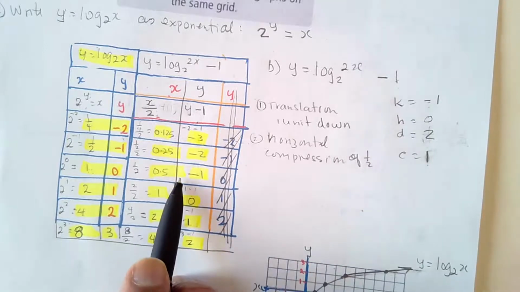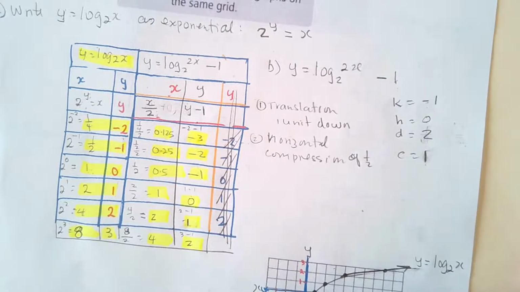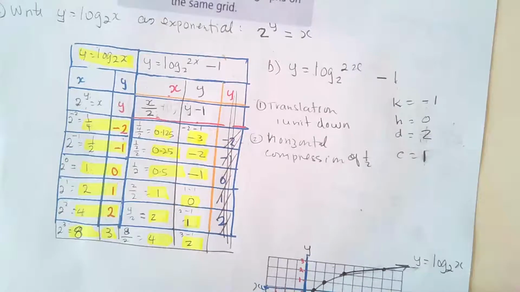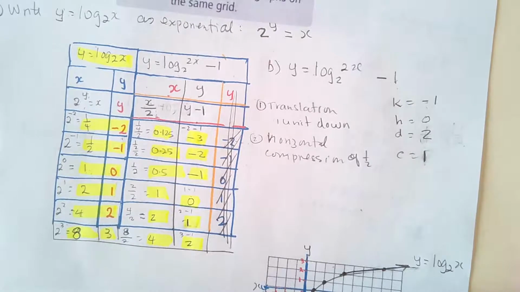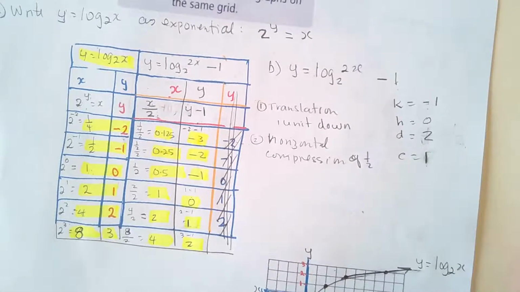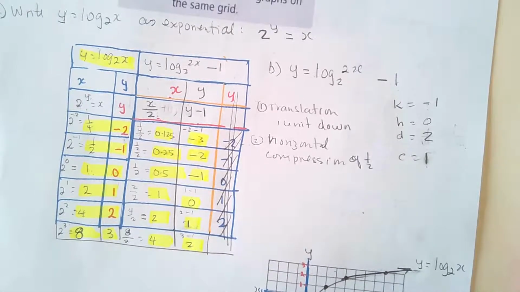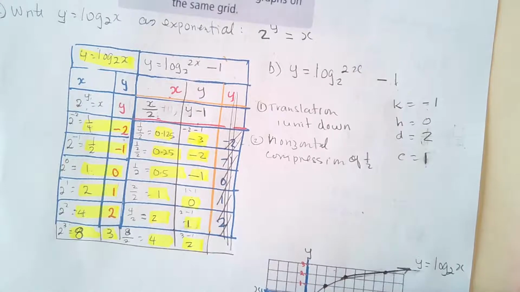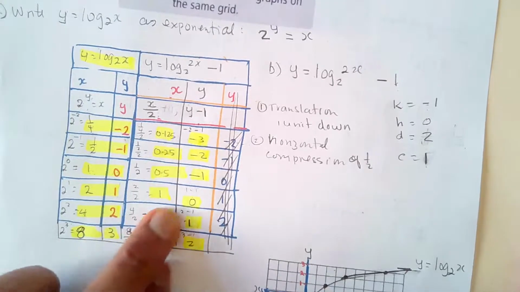Then we have 0.5, -1. We have 1, 0. X is 1, y is 0.